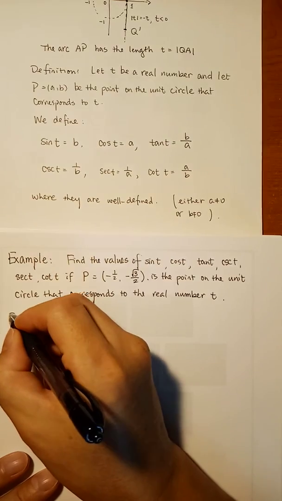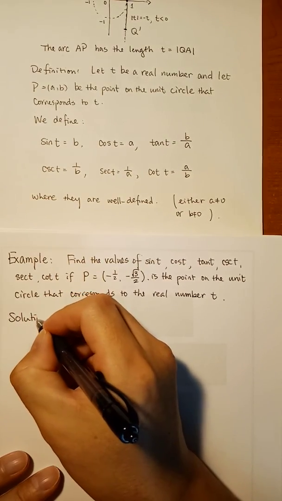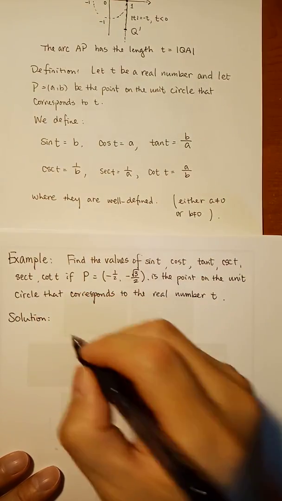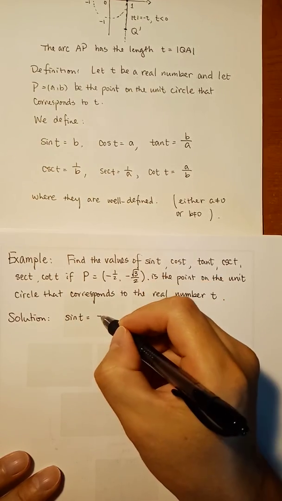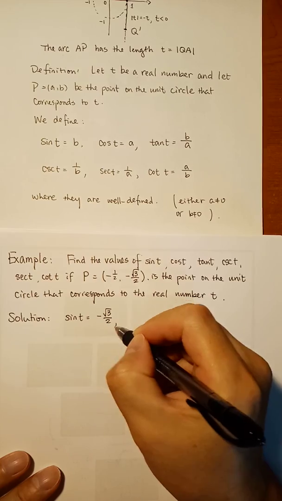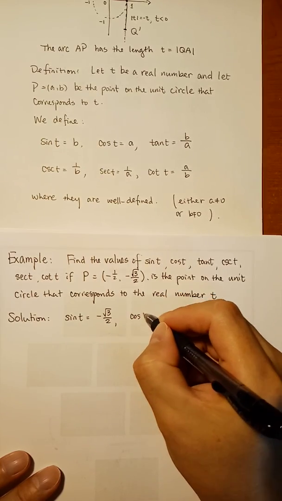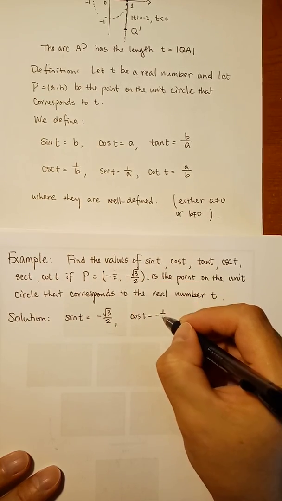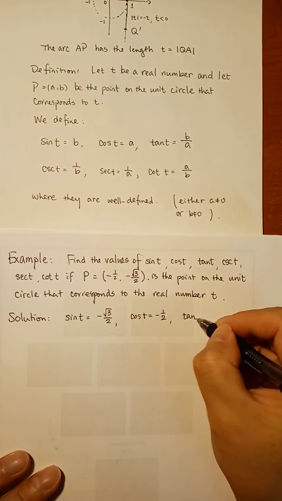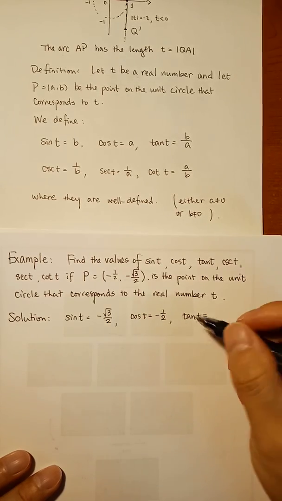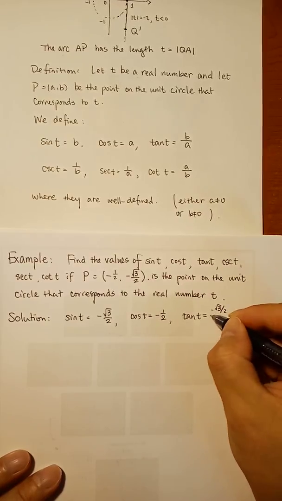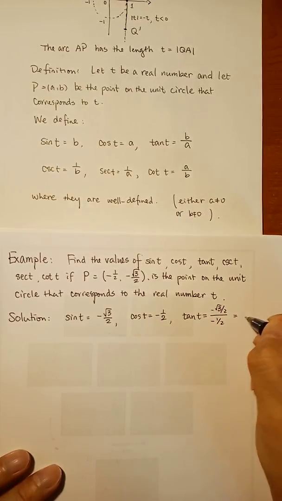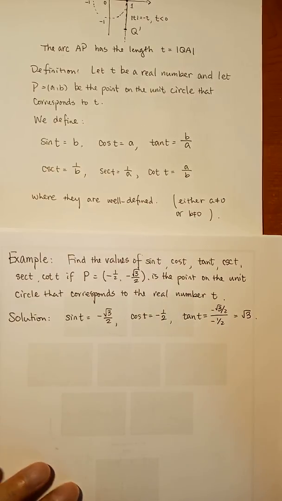So, solution. Remember, sine of t is the y coordinate, so you just get the y coordinate of P. Cosine of t is the x coordinate. Tangent of t, b over a, is actually y over x. You will see it is the square root of 3.